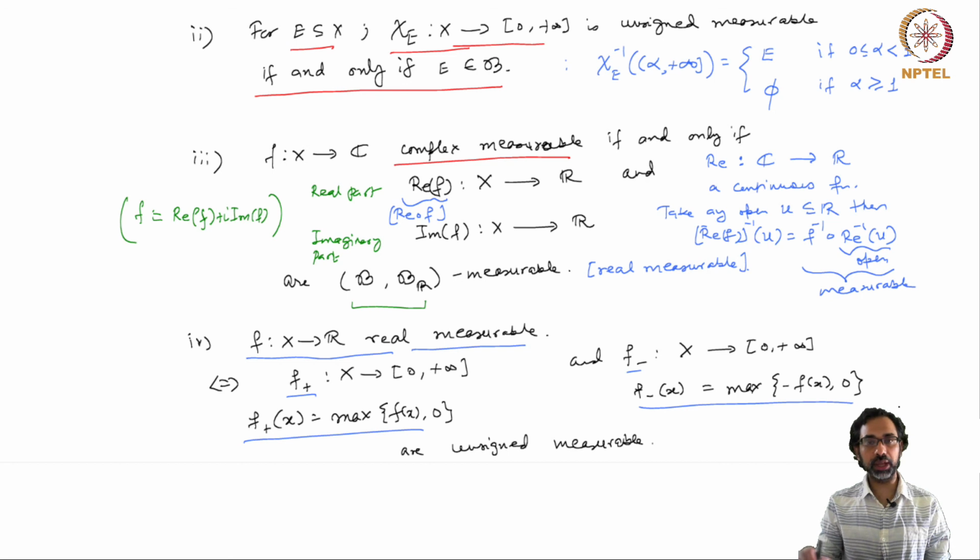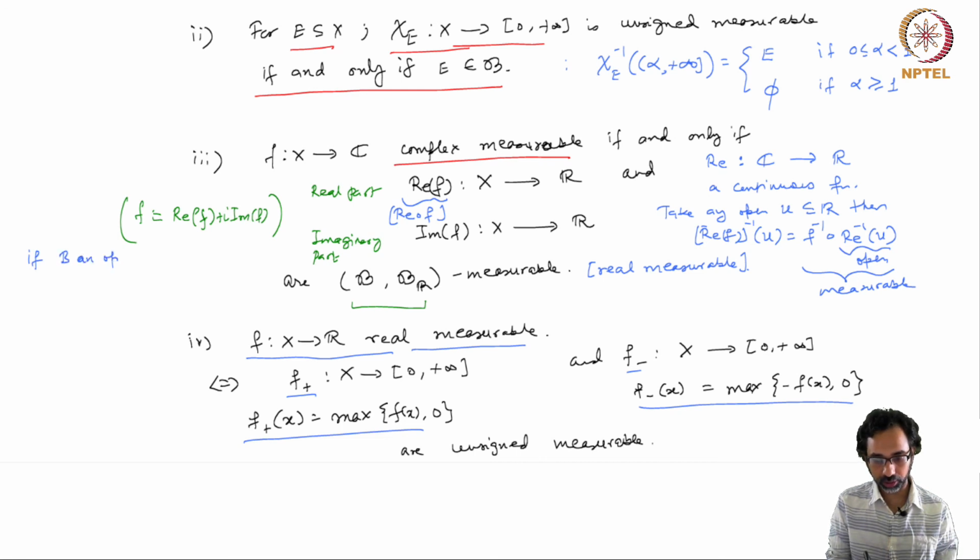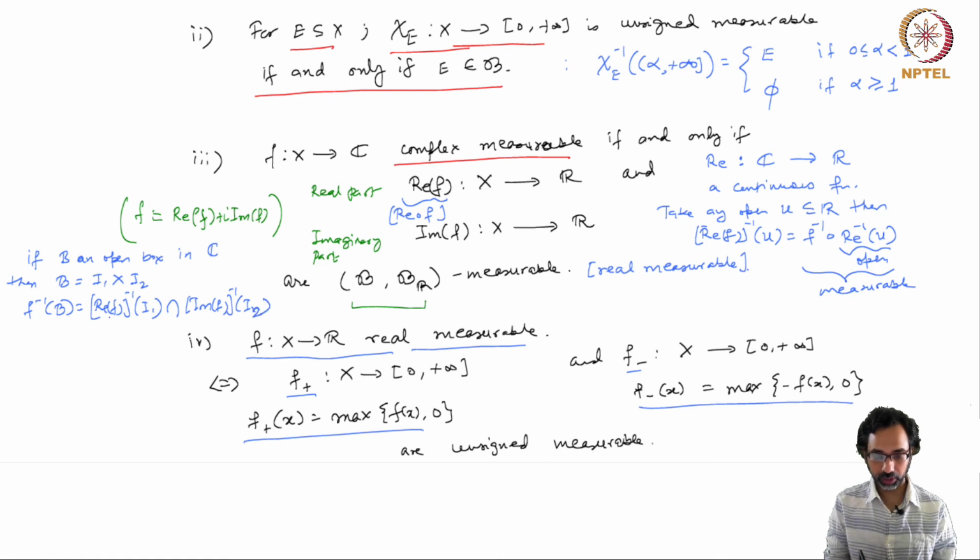On the other hand, if the real and imaginary parts are real measurable, then we can conclude that f is complex measurable, because if B is an open box in the complex plane, we can write B as a product of two intervals, and then f inverse of B is precisely the inverse of the real part of f for I1 intersection with the inverse of the imaginary part for I2, and these two are measurable.